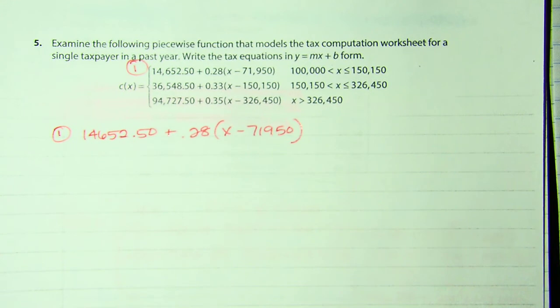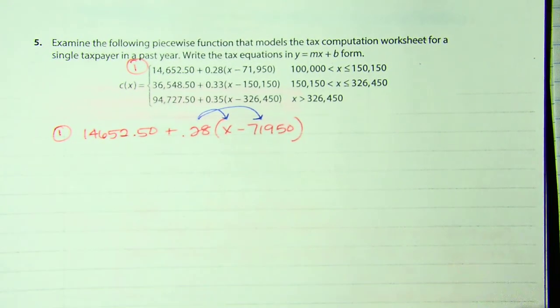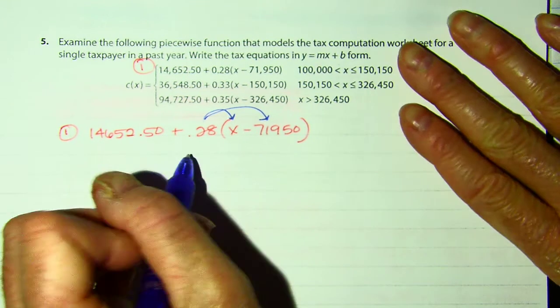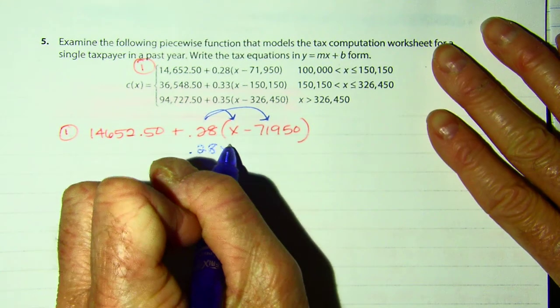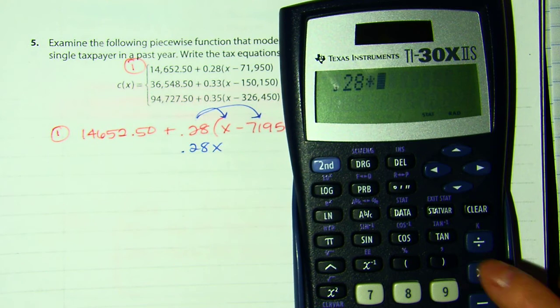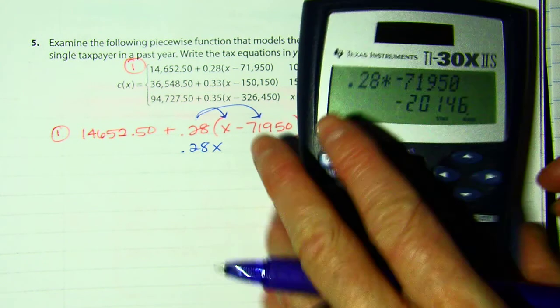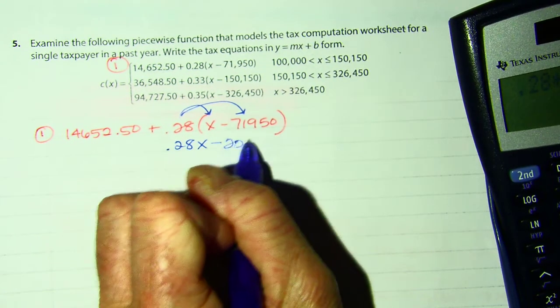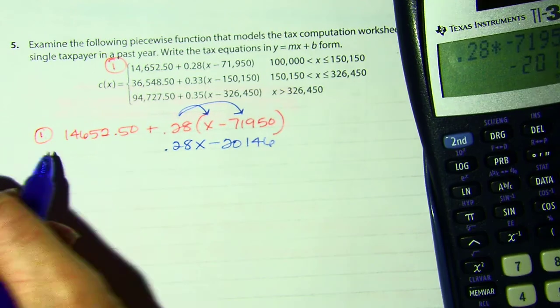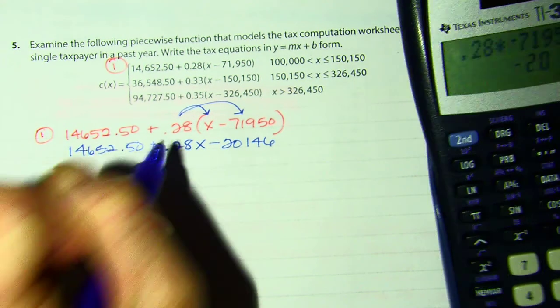Now to write this in slope-intercept form, you're going to get rid of your parentheses by distributing. So this gives me 0.28x, and then you're going to multiply 0.28 times negative 71,950, and I get negative 20,146. I'm going to bring down this term, and then I'm going to combine like terms.